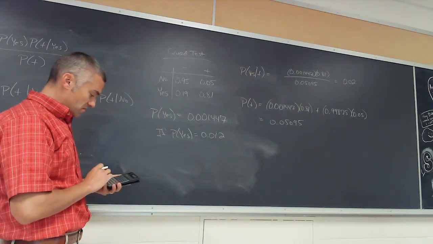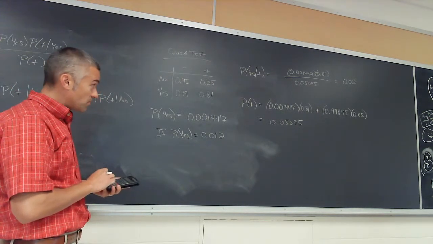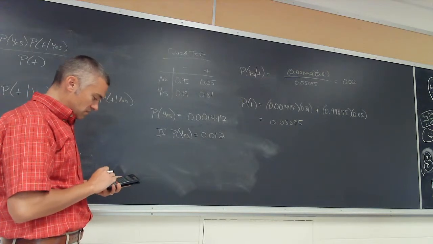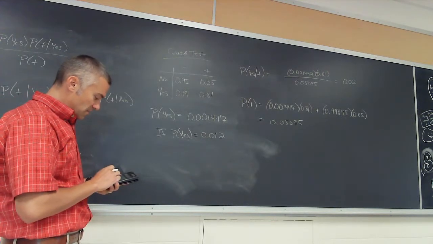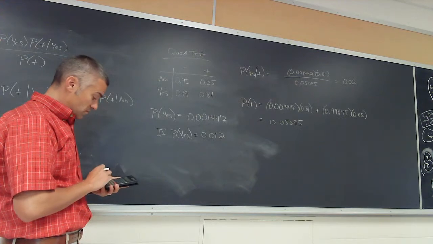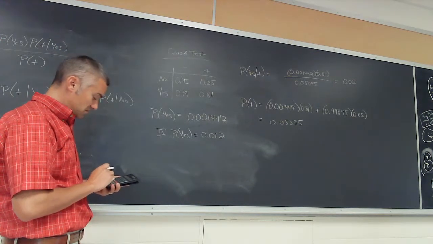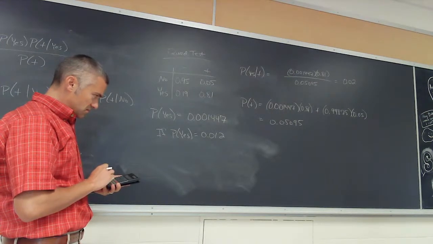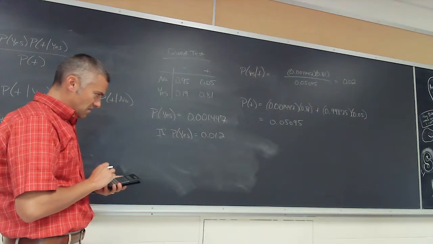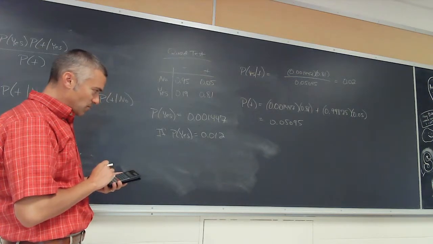Try it. 0.012 times 0.81 divided by 0.012 times 0.81 plus 0.988 times 0.05.